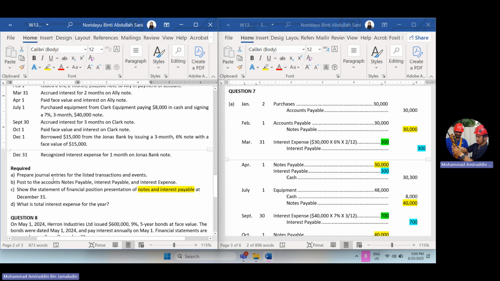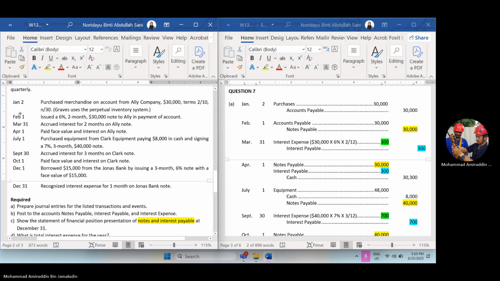We need to prepare the journal entries for the transactions, post to the accounts notes payable, interest payable, and interest expense, something like your midterm that day. Show the statement of financial position presentation of notes and interest payable as at 31st December. And then what is the total interest expense for the year?